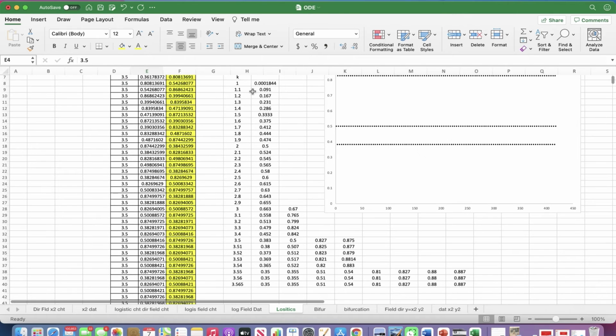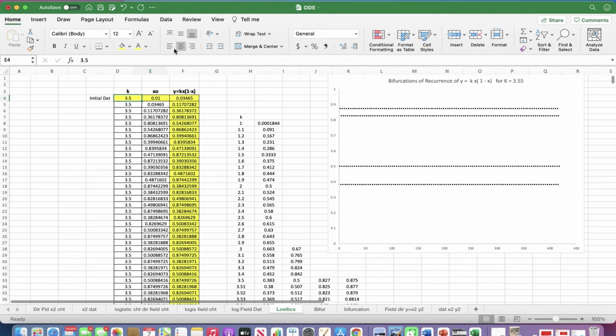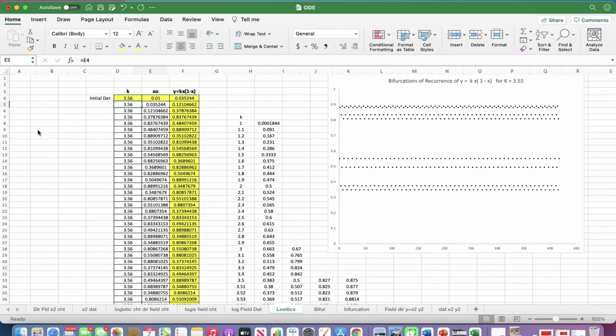Let's see, at 3.56, as you can see, it doesn't take much varying at this point now. At 3.56, we have 1, 2, 3, 4, 5, 6, 7, and 8.